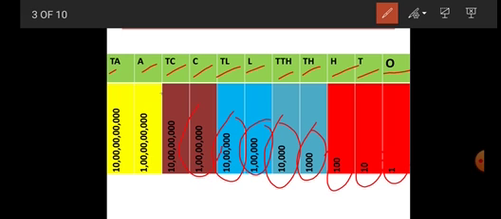Crore is the smallest 8 digit number. 10 crore is the smallest 9 digit number. Arab is the smallest 10 digit number and 10 arab is the smallest 11 digit number.